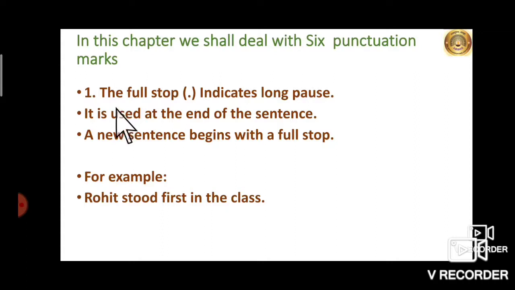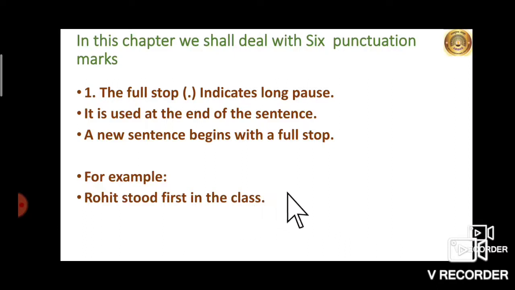That is, the first one is the full stop. It indicates long pause. It is used at the end of the sentence. A new sentence begins after a full stop. For example, Rohit stood first in the class, and here there is a full stop.